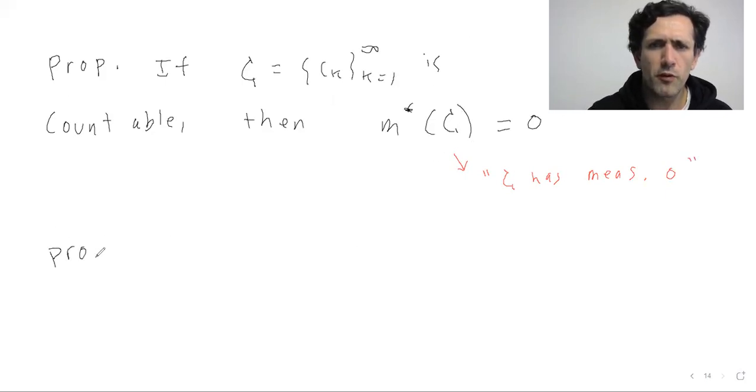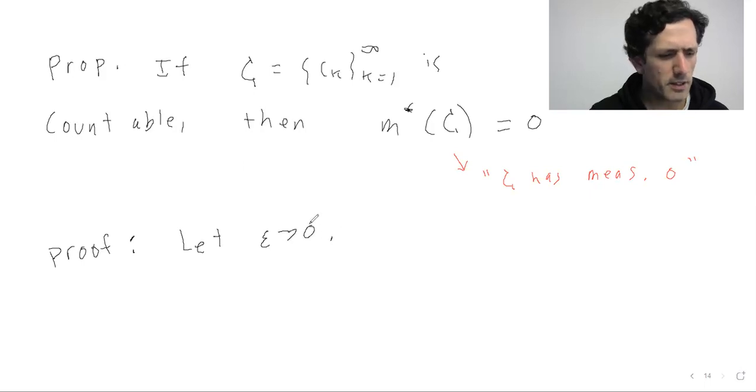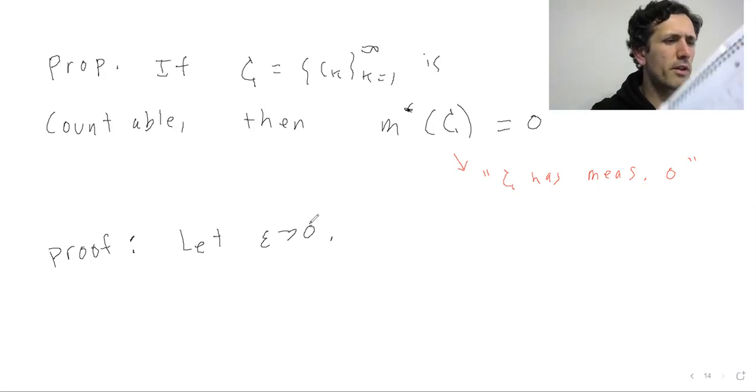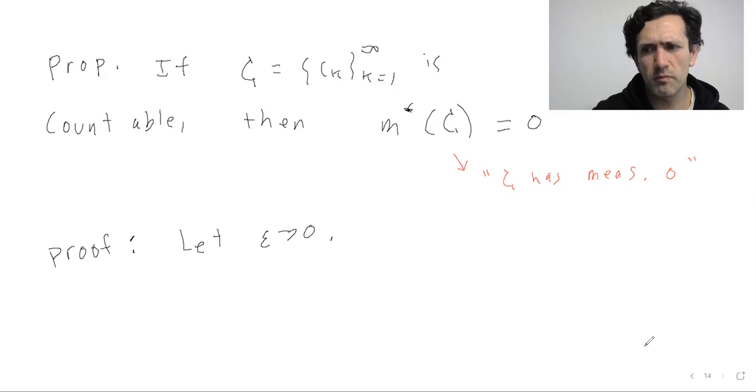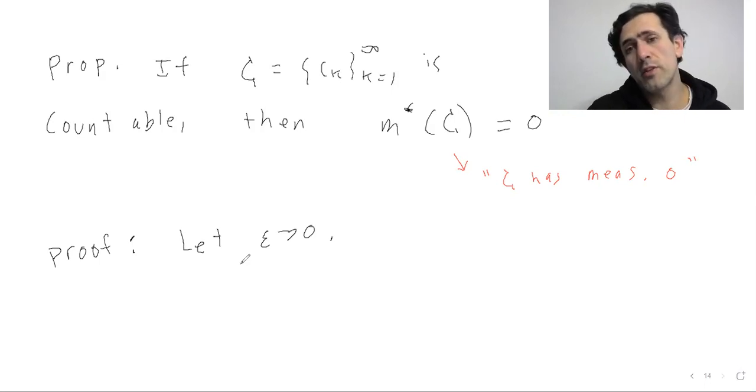Okay, and the proof is not too bad. Let's say epsilon is positive. So we have to come up with a nice countable cover for C. We want the sum of the lengths to be less than epsilon.